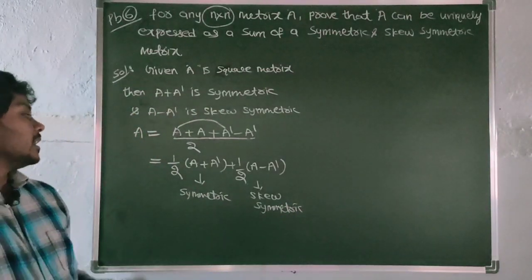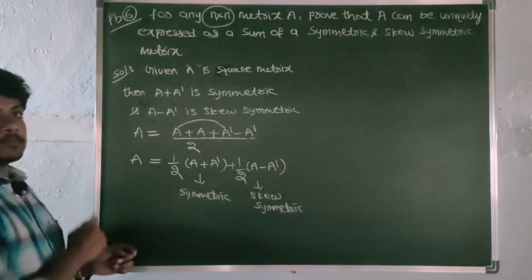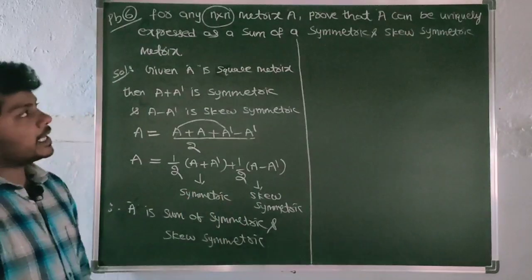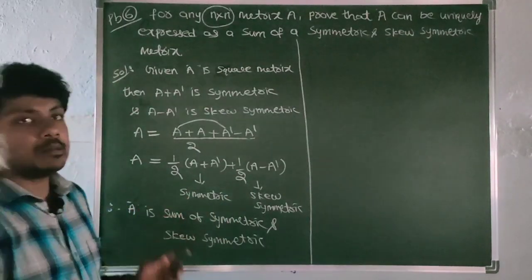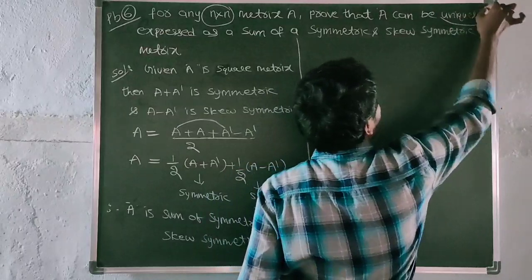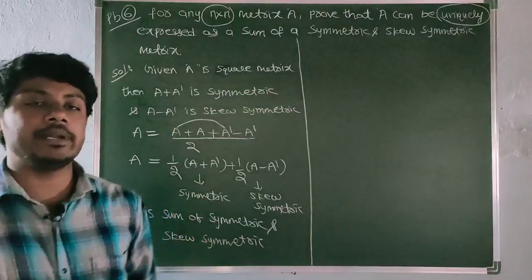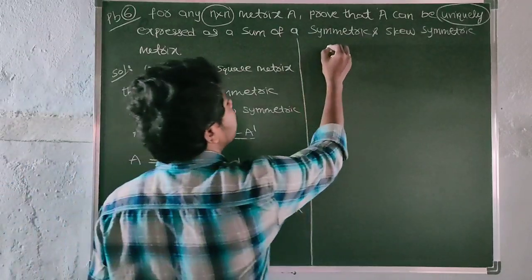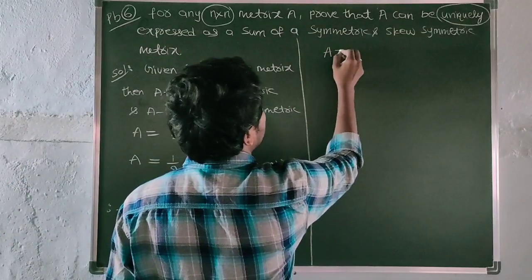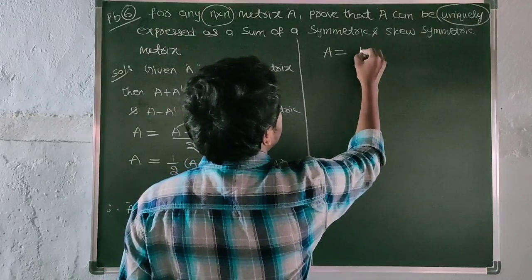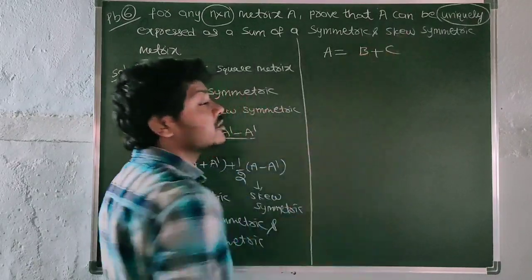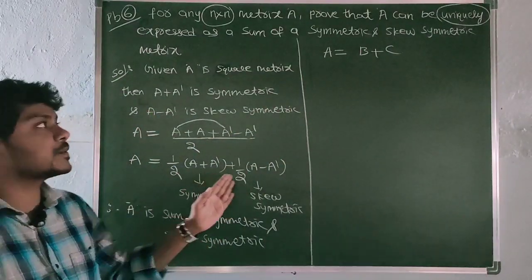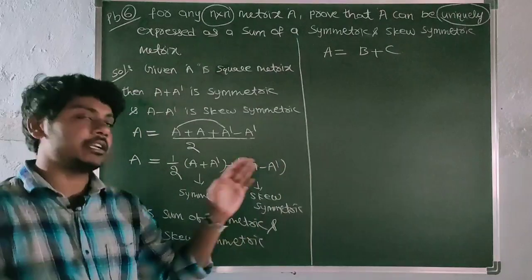So therefore A can be expressed as a sum of symmetric and skew symmetric. But here you want to prove A can be uniquely expressed as a sum of symmetric and skew symmetric. So for that you consider A is equal to B plus C. Then you prove B is A plus A transpose by 2 and C is A minus A transpose by 2.